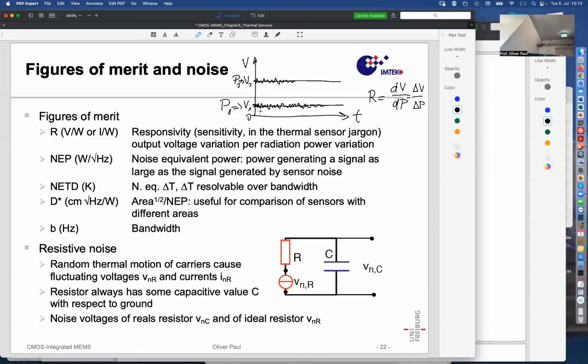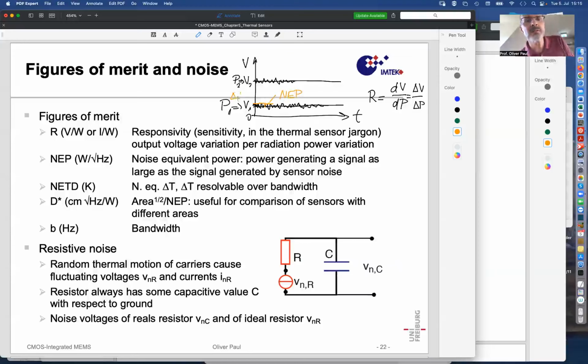And if the level change is just as large as the noise is, then this corresponds to the noise equivalent power.